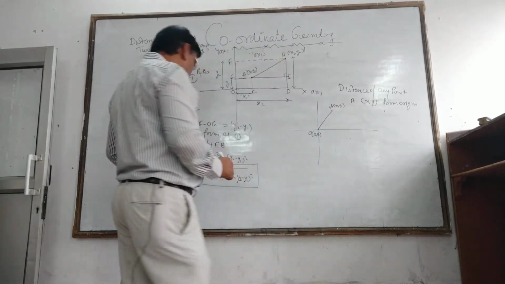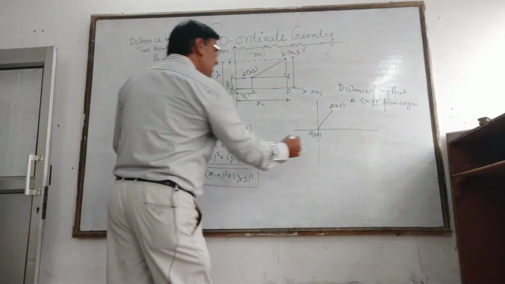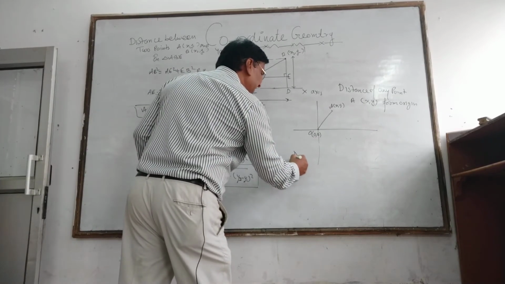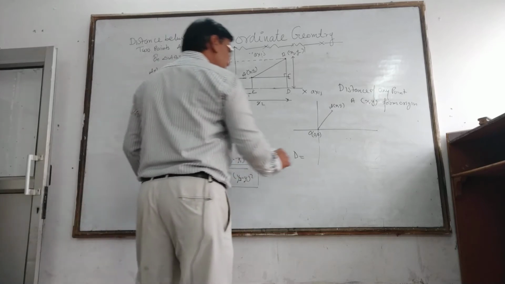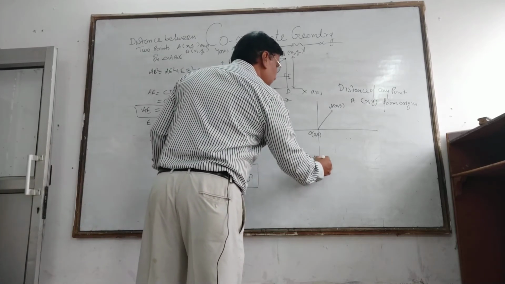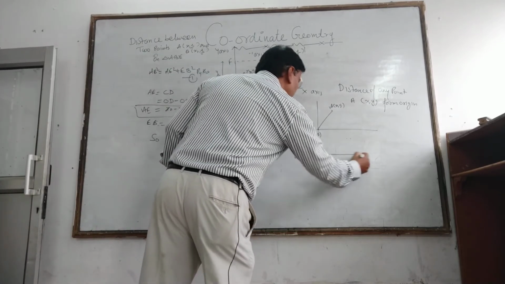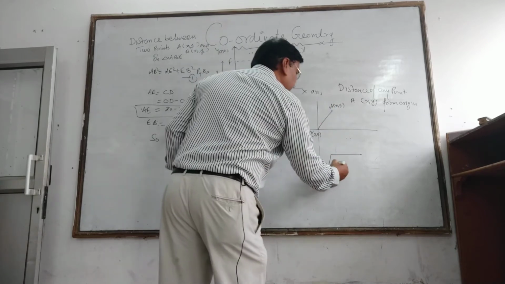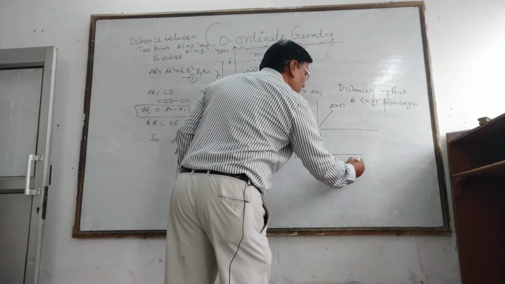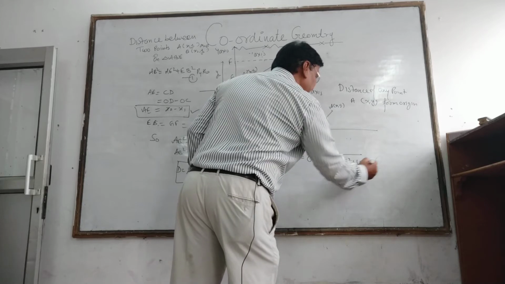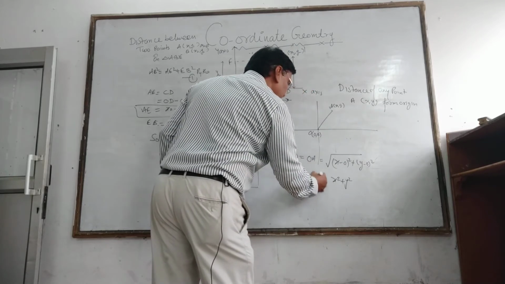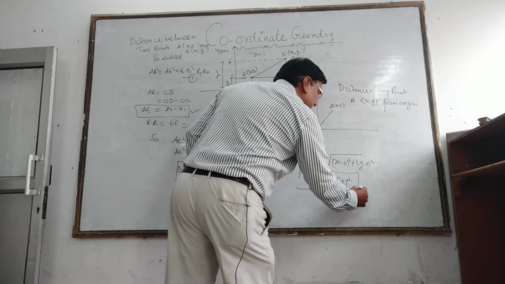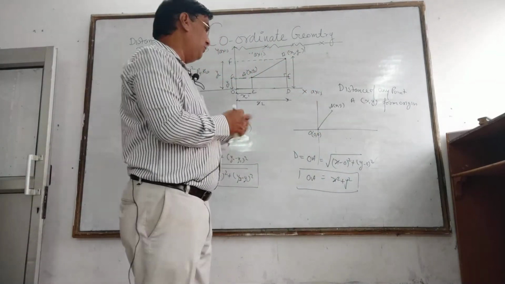So what will be OA? The distance between 2 points, D is equal to AB, that is distance D is equal to OA. That is equal to x minus 0 whole square plus y minus 0 whole square, that is x square plus y square. So this is the distance of any point from the origin.